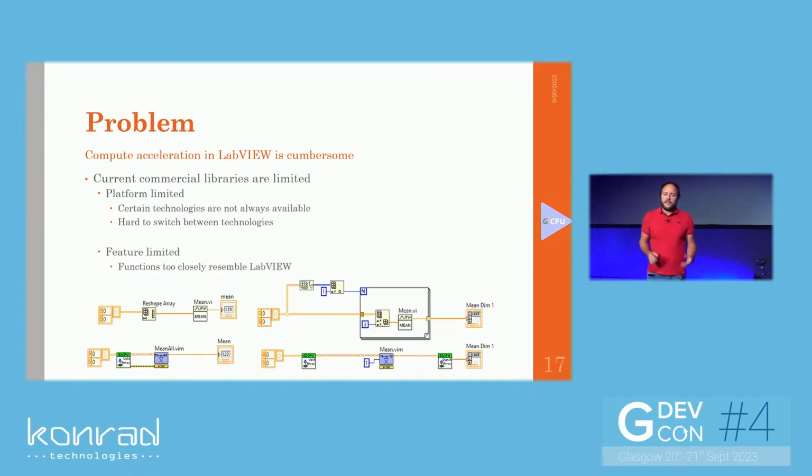Another thing is feature limited. The ones I tested, they too closely resemble LabVIEW. So when we're programming with LabVIEW, we're used to LabVIEW being the fastest thing. If we do a for loop, it can run at the maximum speed of the system itself. Well, that's no longer the case when we're talking to the GPU.